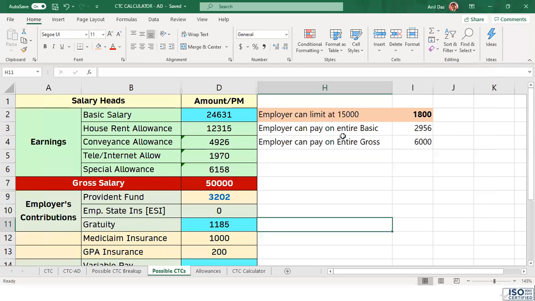All this money on which we are paying PF is called PF wages. If you are paying PF on 15, 15 is PF wages. If you are paying on entire basic, 24,631 is PF wages. If you are paying PF on entire 50, this total 50 would be your provident fund wages.